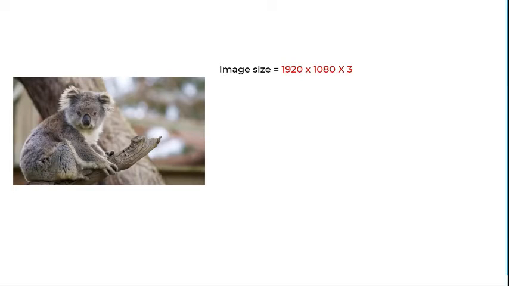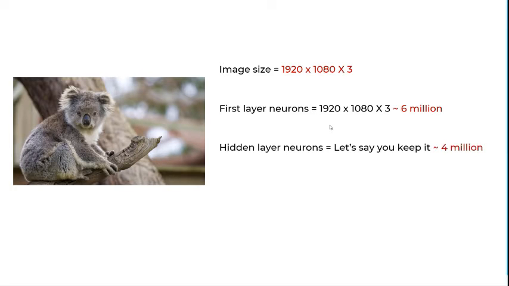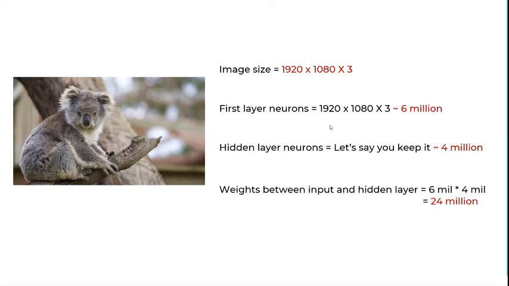But when you have a bigger image, let's say this little cute looking koala, the image size is 1920 by 1080. We have 3 as the RGB channel here, one for red, green, and blue. In this case, the first layer neuron count itself will be 6 million. If you have, let's say, a hidden layer with 4 million neurons, you're talking about 24 million weights to be calculated just between the input and hidden layer.